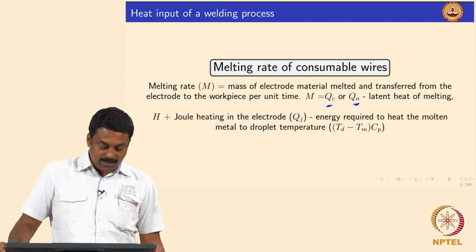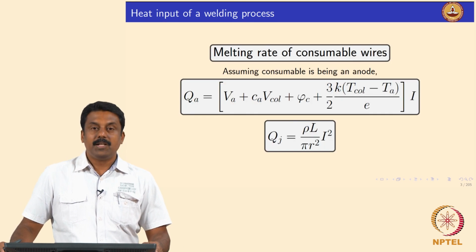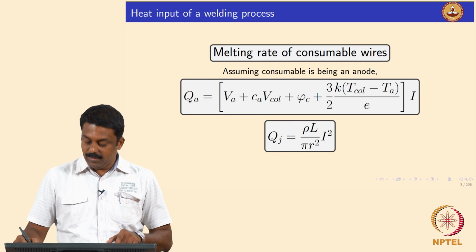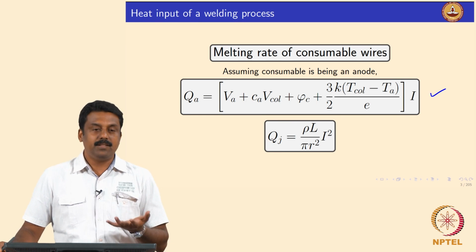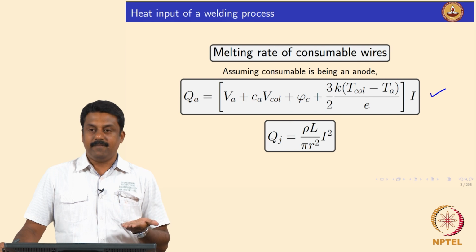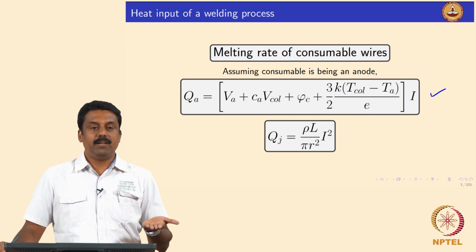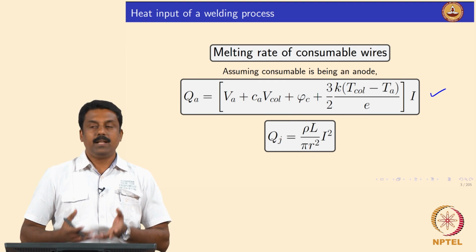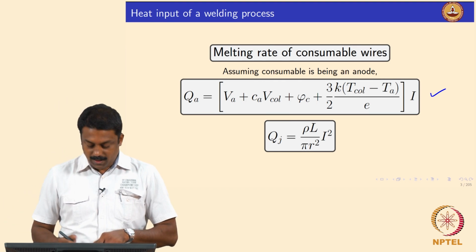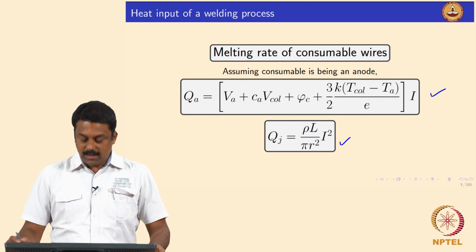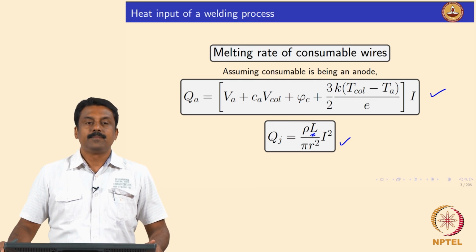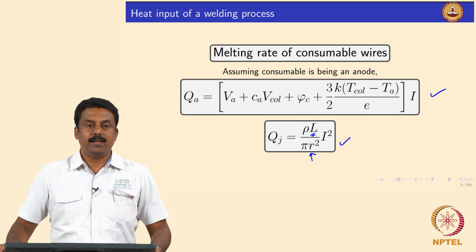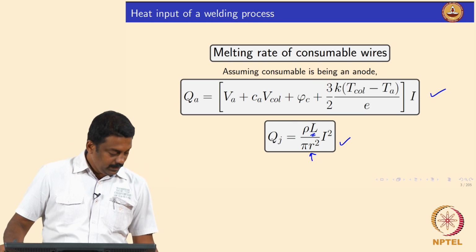So, we can derive a very simple equation by looking at the heat balance. QA, if the consumable is the anode, which is the most likely situation, and if you want to increase productivity, you always make your consumable electrode the anode, so that all the positive terms will increase the melting rate. And this term is the resistive heating term, L is the stick out length, and r is the radius of the filler, right.